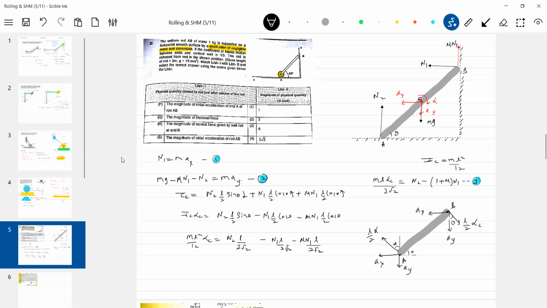So what is the constraint equation? Acceleration of point A along y-axis must be 0, because the end A will be in contact with the ground. I just picked up this problem only to explain this constraint equation. Here, very important.